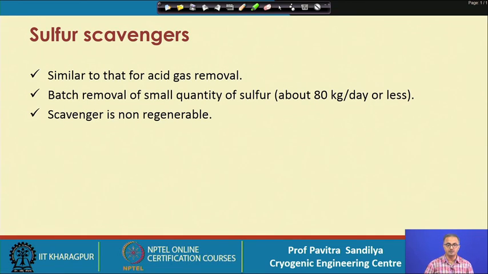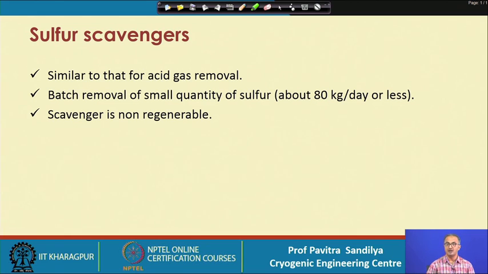And lastly, we come to the scavengers. These scavengers are similar to the ones we learnt about in another separate lecture on acid gas removal. In that lecture, I have given the details of the scavenger operation and how to select the scavengers, so I am not going into the details of that scavenging operation.